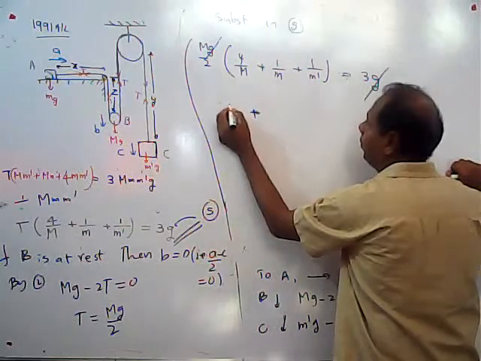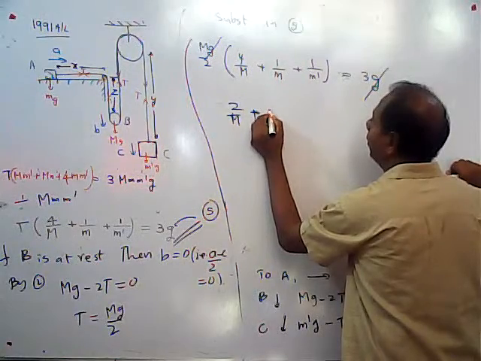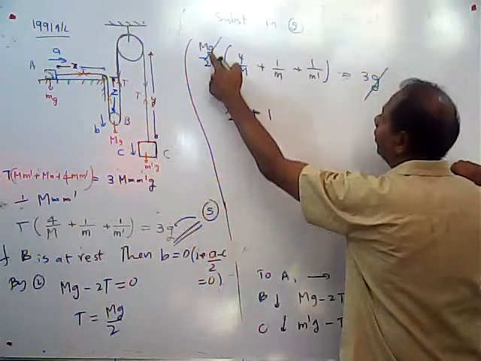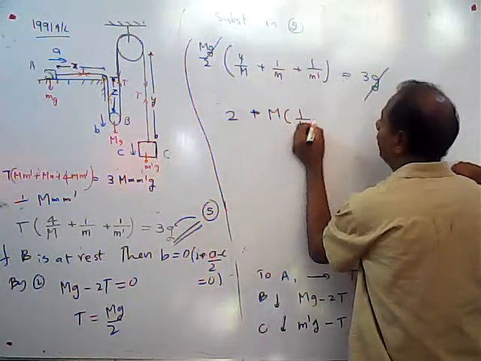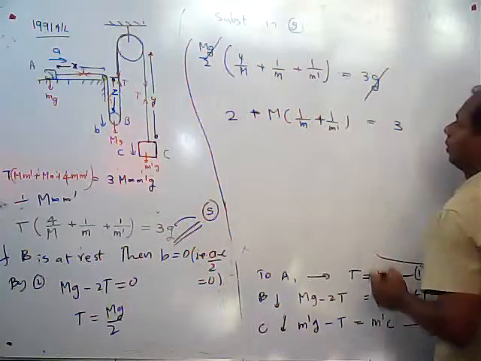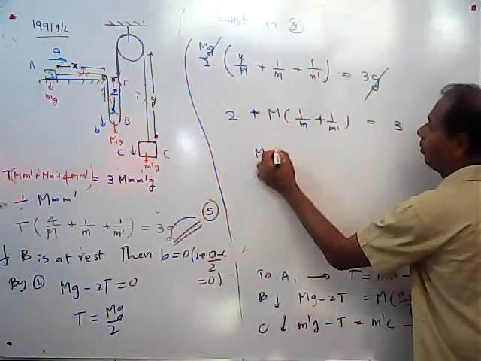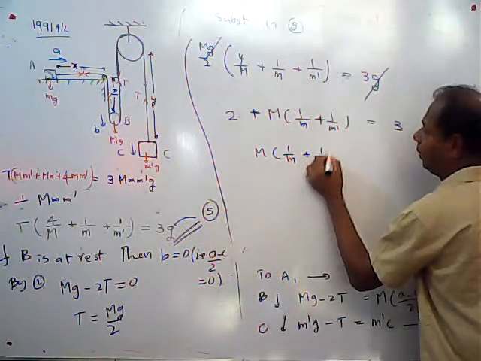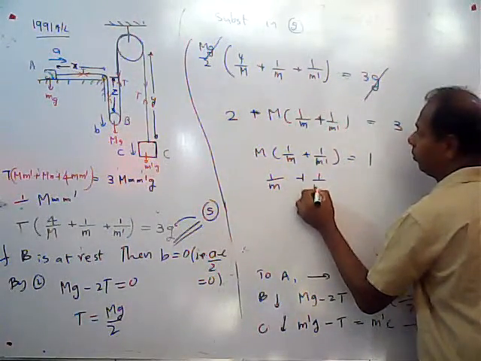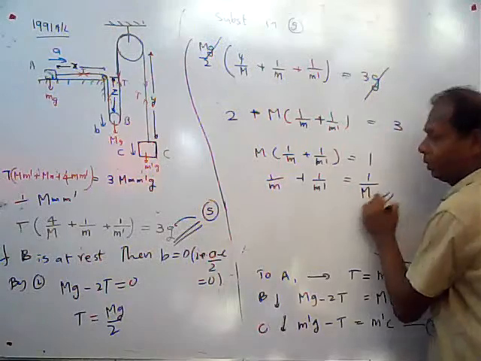So that will give 2 over M plus this gives just 2. 2 plus capital M times 1 over M plus 1 over M dash equals 3. Capital M times 1 over M plus 1 over M dash equals 1, so 1 over M plus 1 over M dash equals 1 over M. Isn't that the answer?